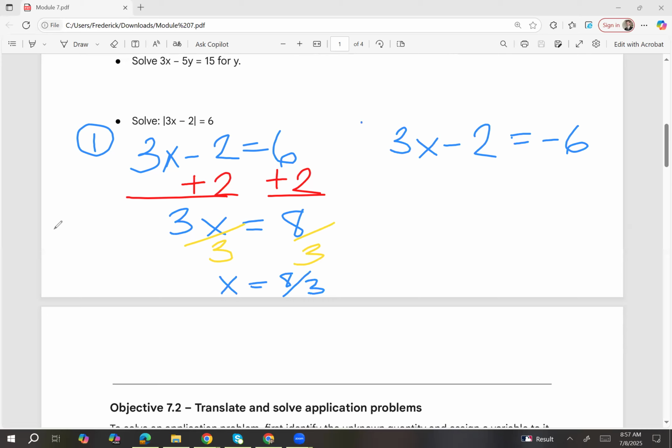And then we're going to get a second solution from this other setup. The steps will feel quite similar. We've got plus 2 as the first step, eliminates the 2 on the left, and then slightly different number resulting on the right here, negative 6 plus 2 for negative 4.